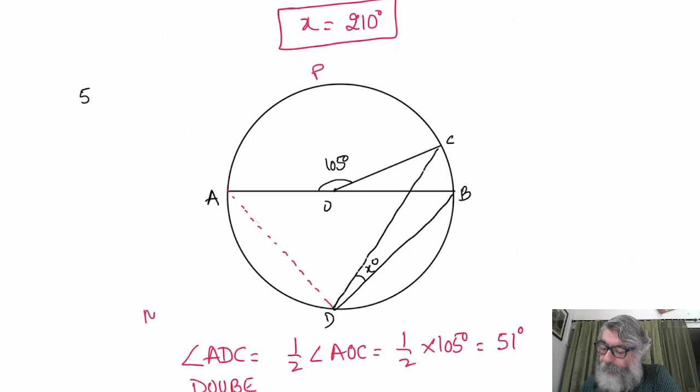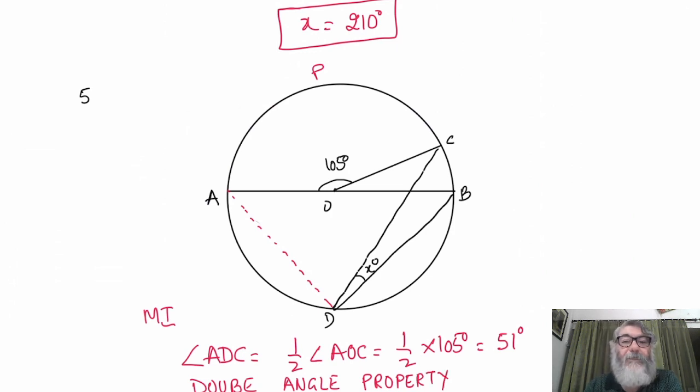This is method 1. The angle at the circumference is half the angle which it subtends at the center. This will be coming out to be 51.